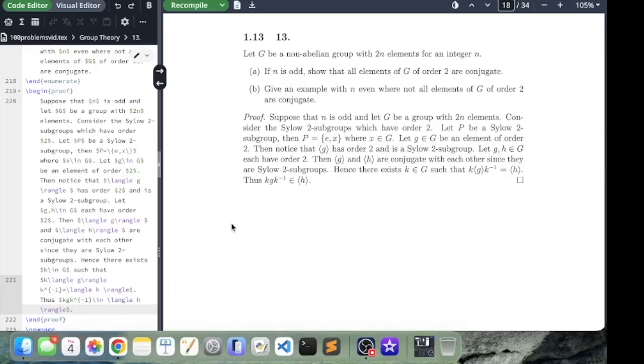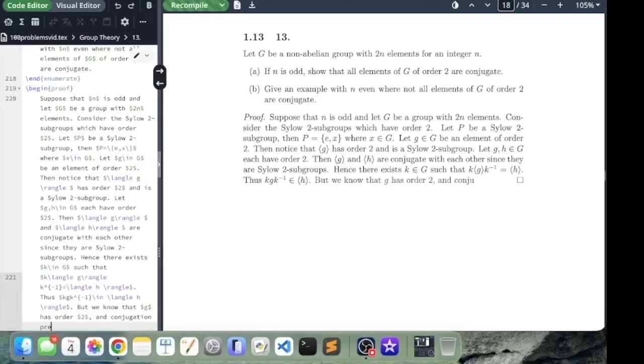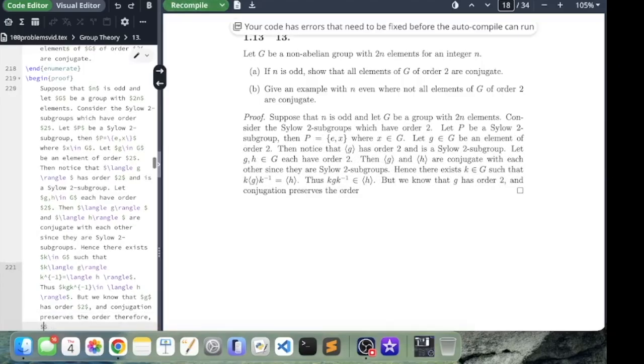But we know that g has order 2, and conjugation preserves the order. Therefore, k g k inverse is equal to h, because h has order 2 as well, so the only elements in the cyclic subgroup generated by h are just the identity and h.